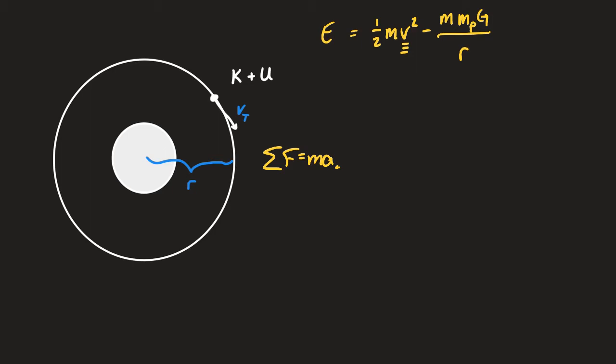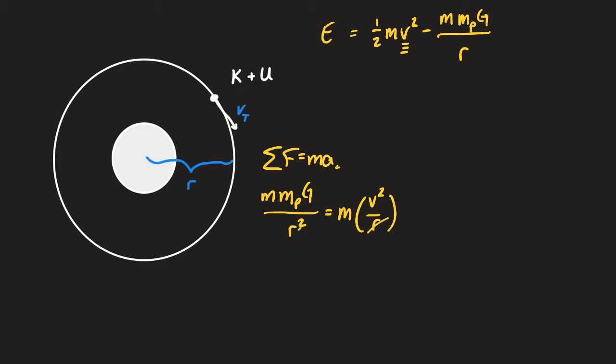We spent all that time figuring out the velocity of orbits. So if it's in this orbit, we know m_p G over r squared has to equal mv squared over r. All right, we've been down this road a number of times. Now, I'm not actually going to solve for v.